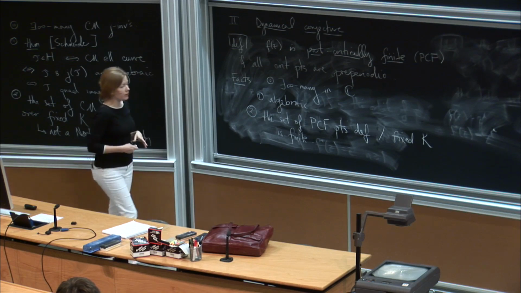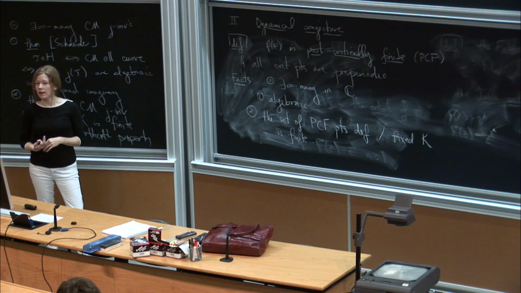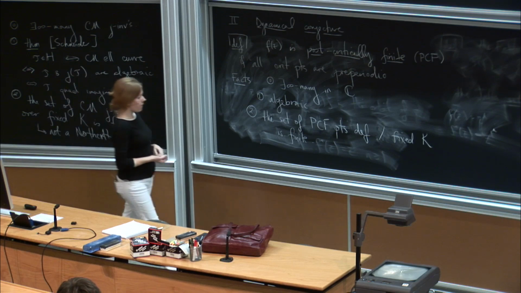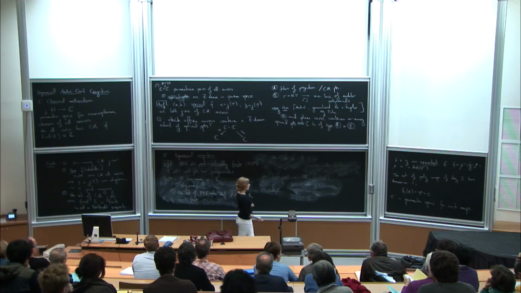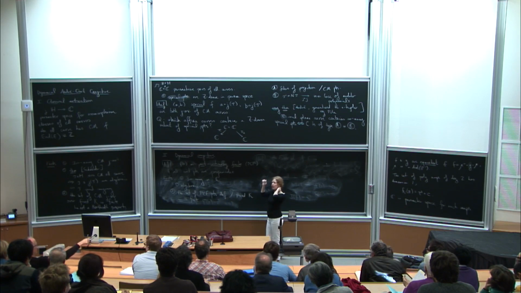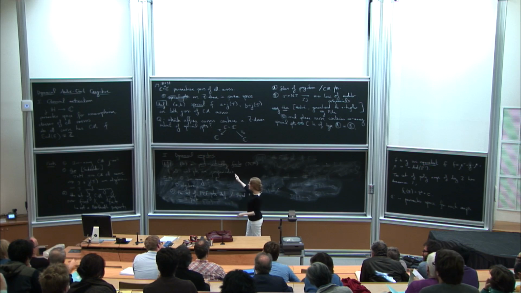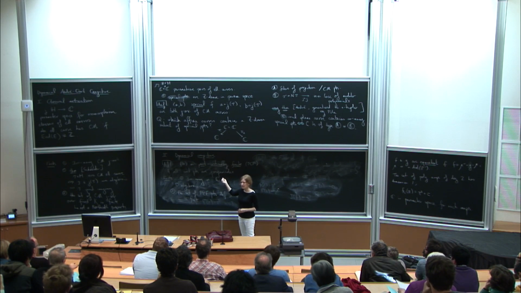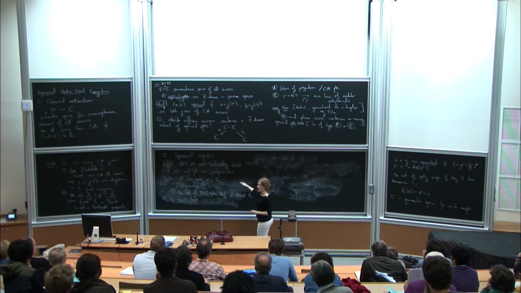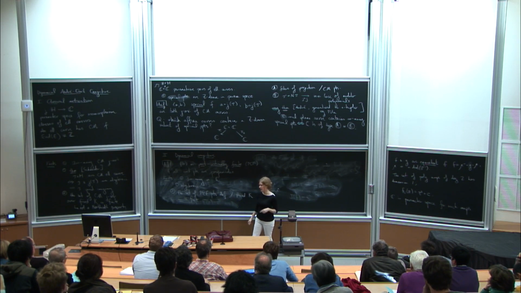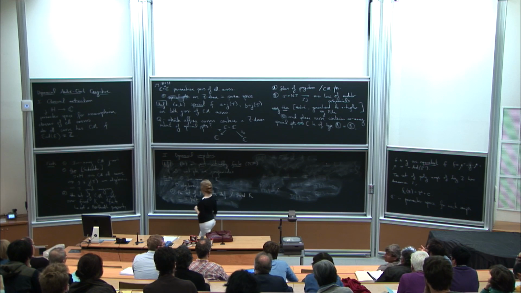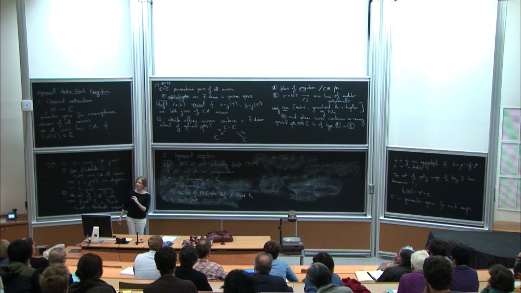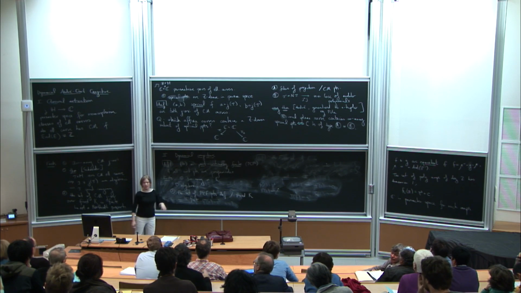The set of PCF points is actually a collection of points of bounded height. You can make this definition for the entire family of rational maps modulo equivalence, and all of these facts will still be true, but they're much more obvious for this family, and I'm going to focus on that in a second.